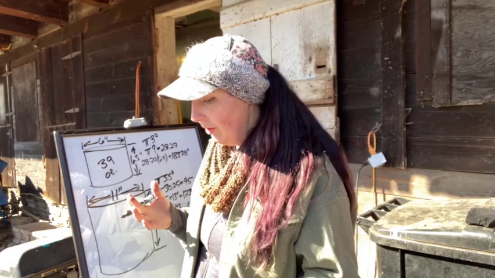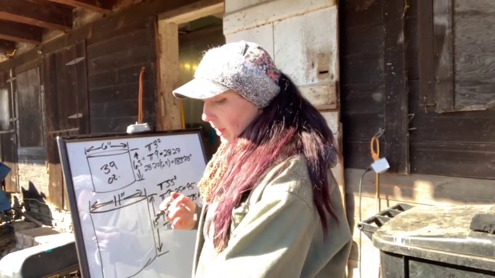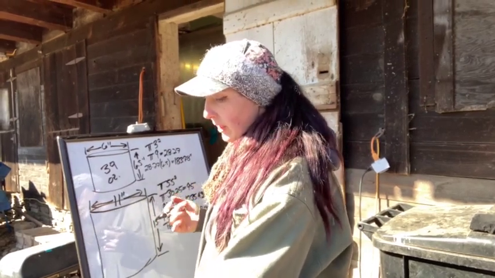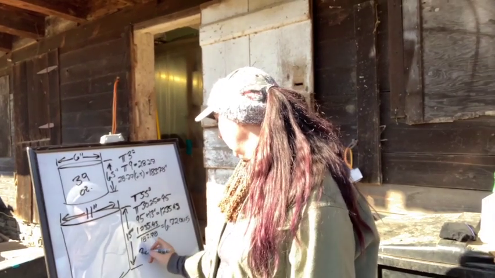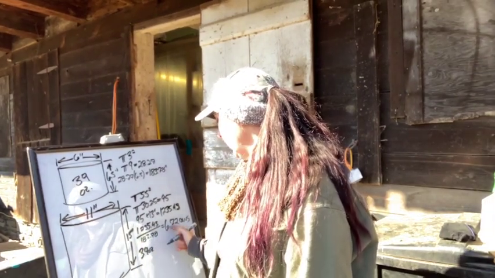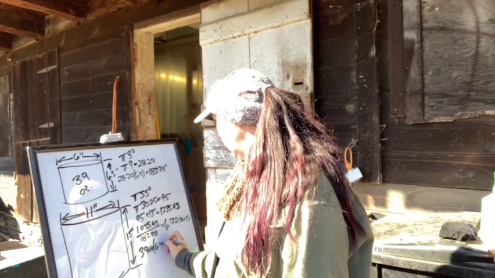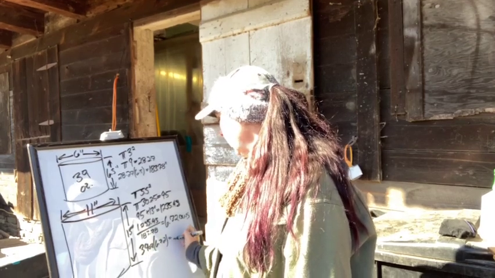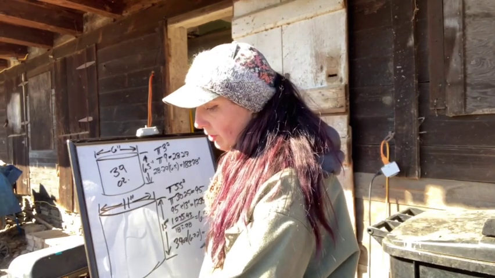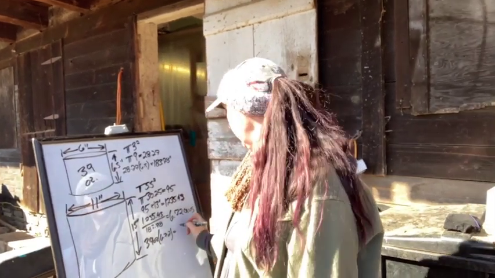Now if we multiply 39 ounces by this many cans that fit in this bucket, that comes out to 262 ounces.